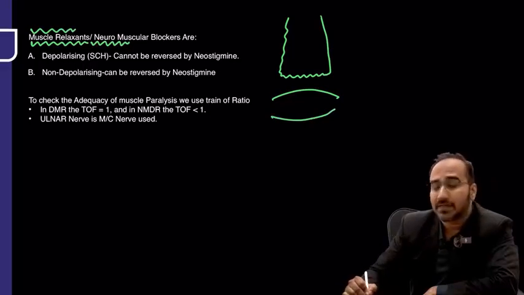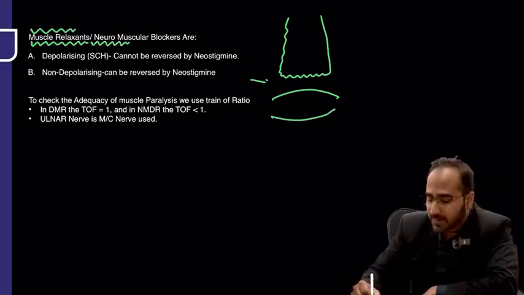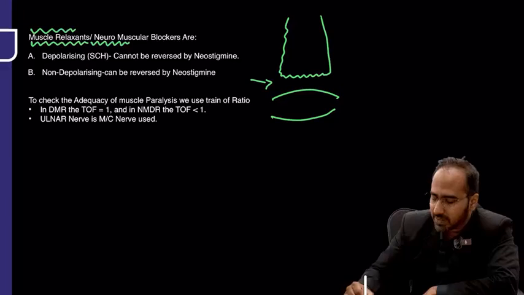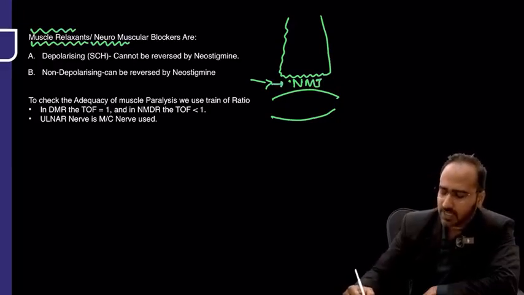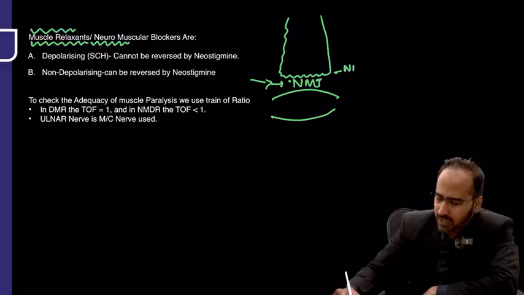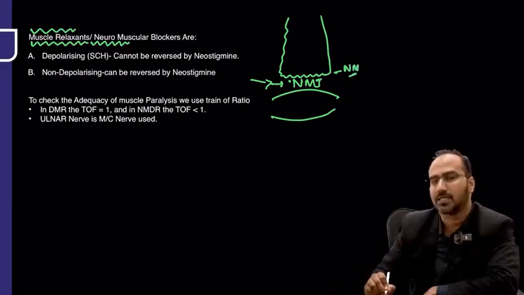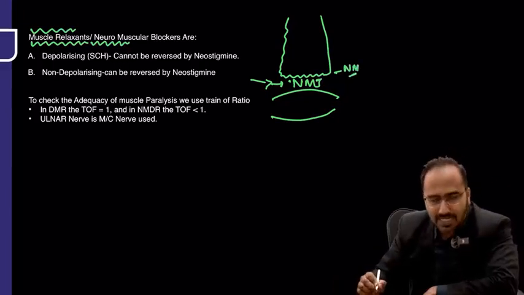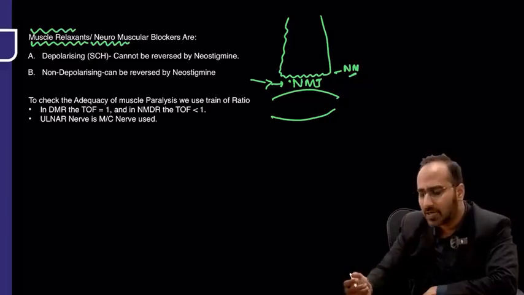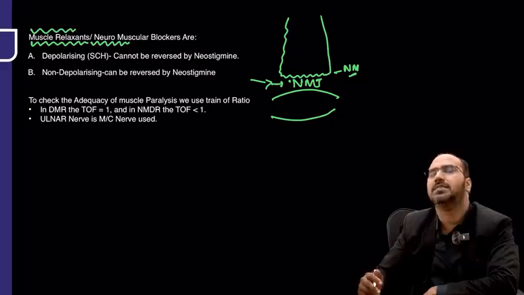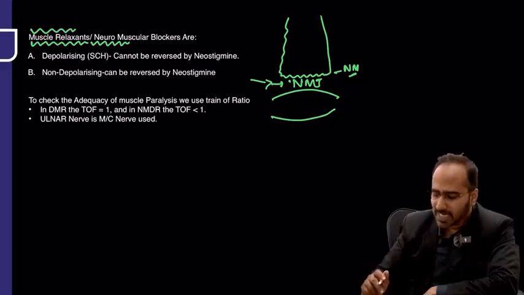The muscle relaxant will work on the junction between the nerve and the muscle. What is this junction called? The NMJ, the neuromuscular junction. They work on the nicotinic muscle receptors, the NM receptors, and block those acetylcholine receptors. Hence, muscle relaxation occurs.